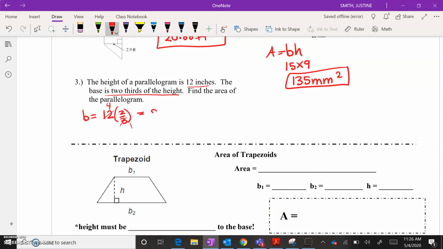So 2/3 of 12 is 8. Okay, so my base is 8. They already told me that the height is 12. So I'm just going to plug that into my formula here. So 8 times 12 gives me 96 square inches.